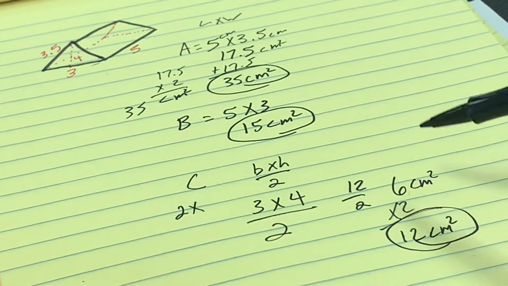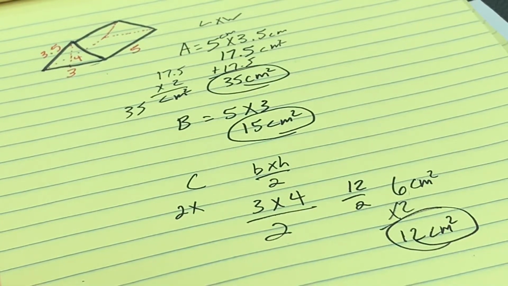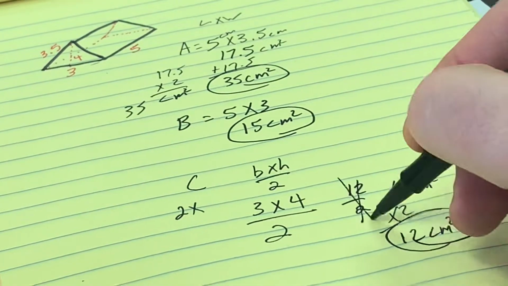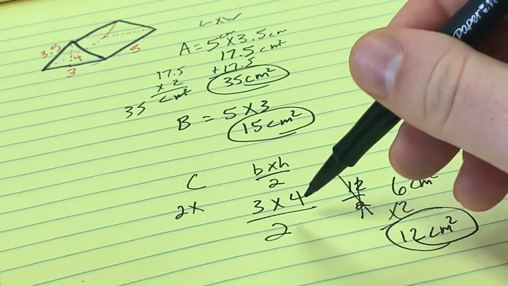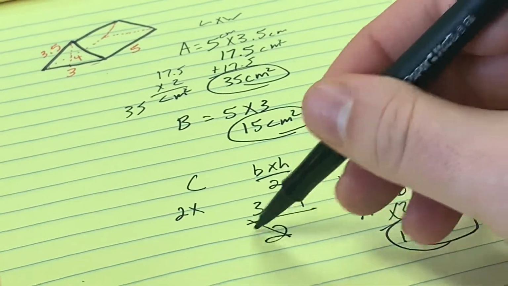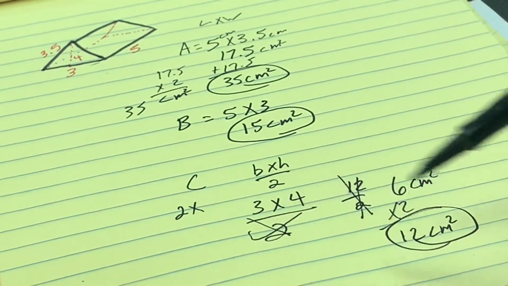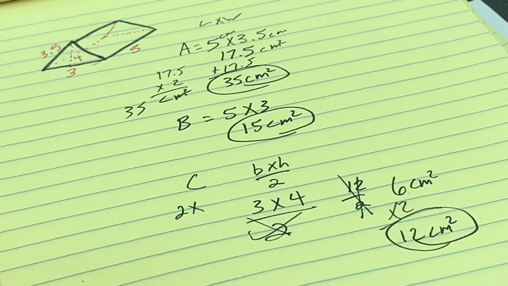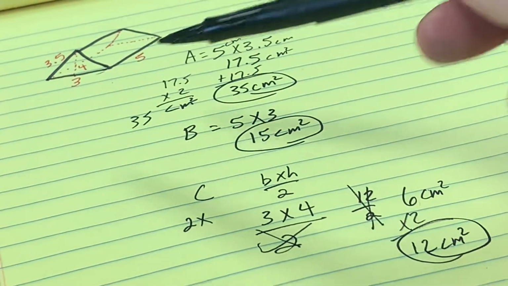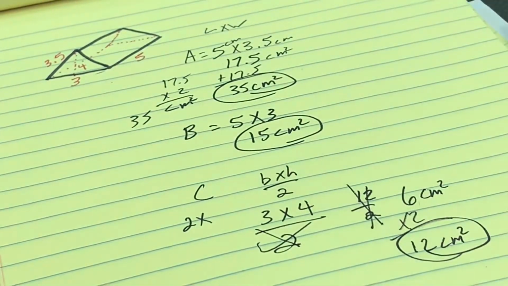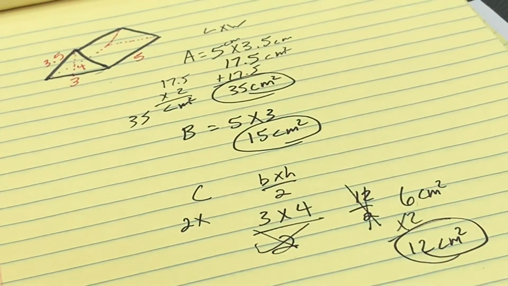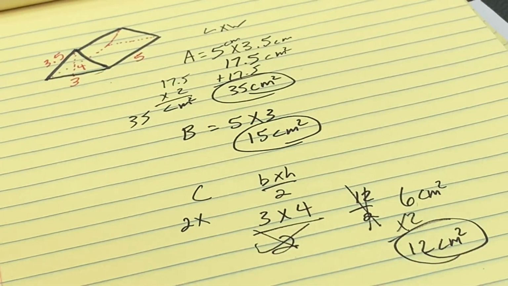If that's too confusing, just do it this way. But if you can see what I'm talking about with the shortcut, you can eliminate that step. So you're just doing base times height to get this. Because really, when you put the 2 triangles together on this side and this side, you're going to have a rectangle where you could just do base times height, if you can see it that way.